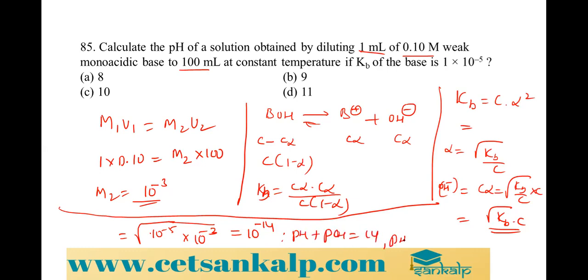Therefore pH is equal to 14 minus 4, that is equal to 10, right? So option C correct ಆಗುತ್ತೆ ನೋಡಿ.